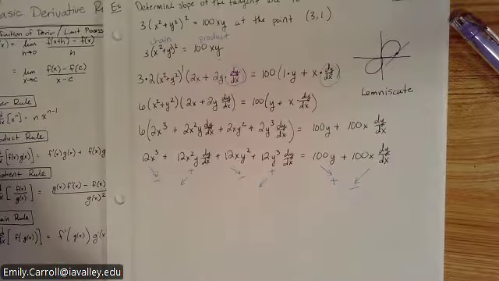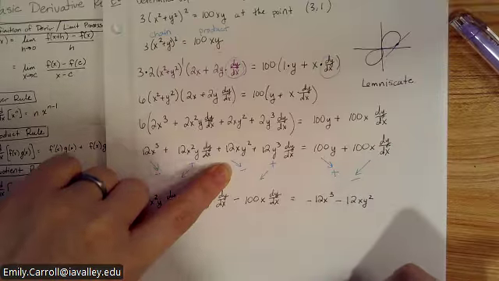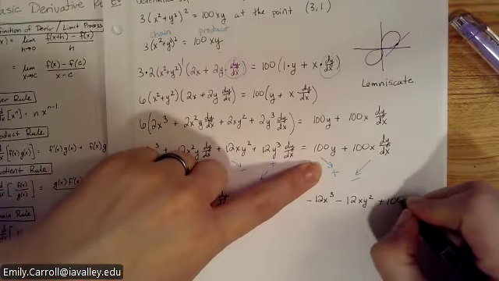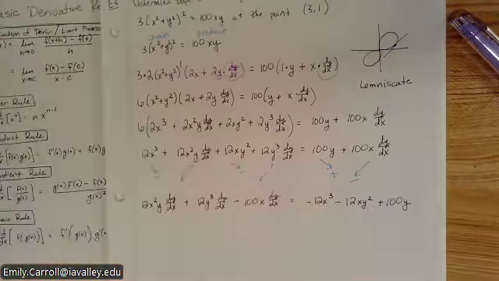Okay, so that's my left, left, left. And then everything on the right is going to be, I've got the negative 12x to the third, negative 12xy squared, plus 100y.